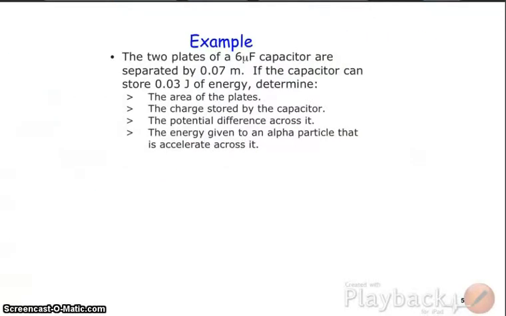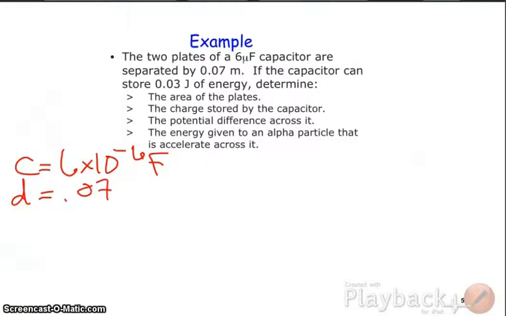Let's look at an example. Two plates of 6 microfarads, so C equals 6 times 10 to the negative 6 Farads, are separated by a distance of 0.07 meters. If the capacitor can store an energy of 0.03 joules, determine the area of the plate, the charge stored by the capacitor, the potential difference, and the energy given to an alpha particle.